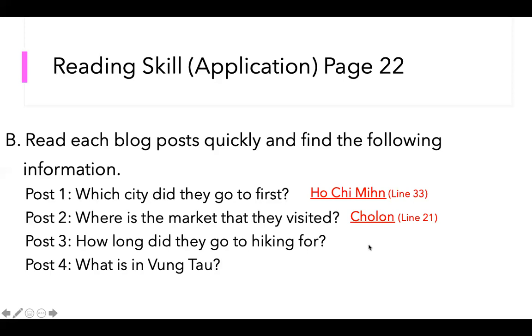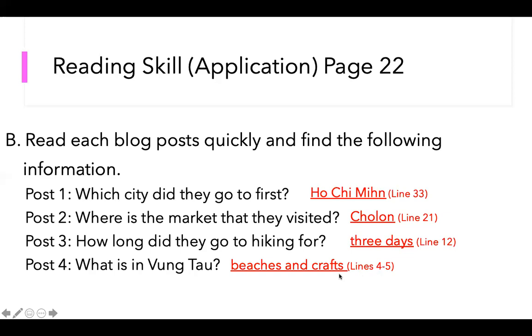That's in line 21. How long did they go hiking for? They went there for 3 days. You can find the answer in line 12 of post 3. And the last one: what is in Vung Tau? That's a city. They have beautiful beaches and crabs. You can find the answers in lines 4 to 5.